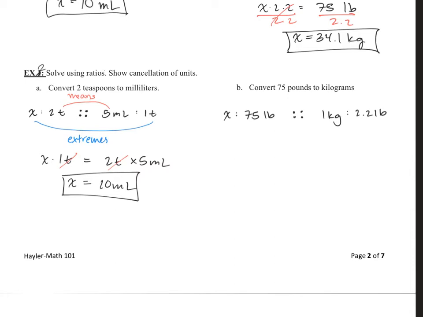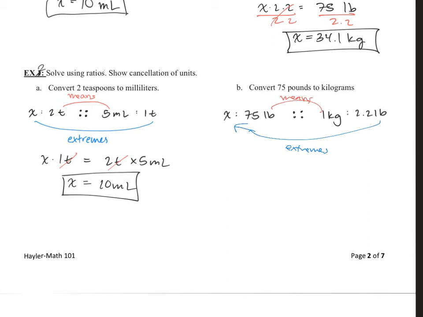So just like how normally for a proportion you'd have the pounds on the top and the kilograms on the bottom, for ratios you have the kilograms first and the pounds second, or vice versa, depending on how you want to set it up. Okay, so let's go ahead and multiply the means and multiply the extremes.